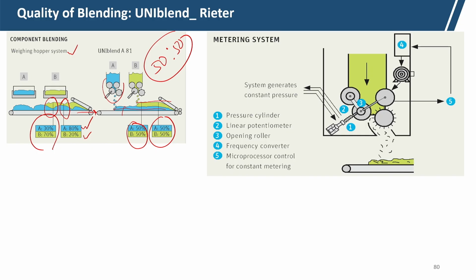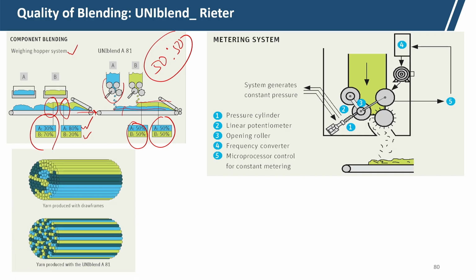Now if you try to see the yarn cross section from this weighing hopper, we get this type of yarn cross section, where different fibers are distributed within the cross section in cluster form. This is the cluster form, and it goes up to the yarn stage.